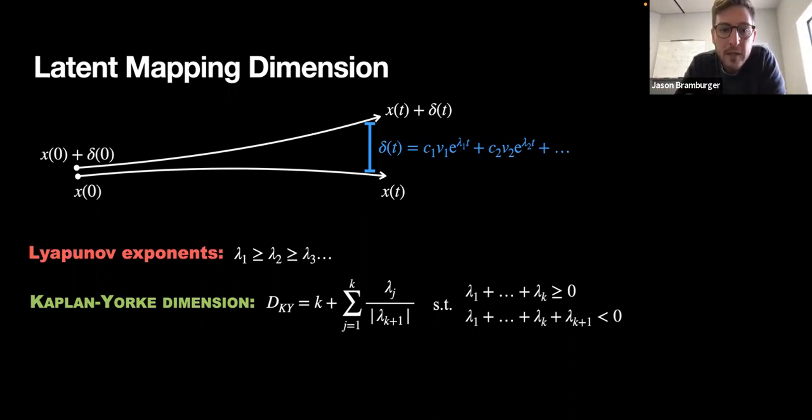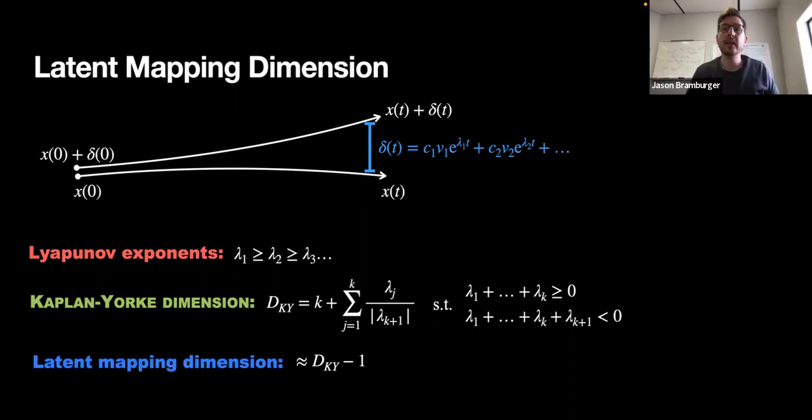Now, what this means is that you can use that Kaplan-Yorke dimension to identify the dimension of your latent mapping, right? So this can help you to boil out any redundancies in your data and pull yourself down to a finite, low-dimensional system.